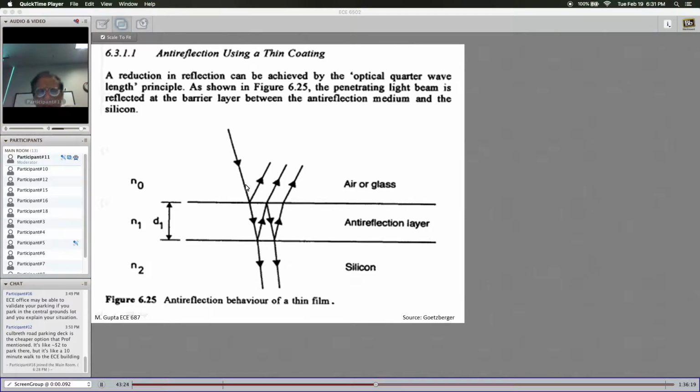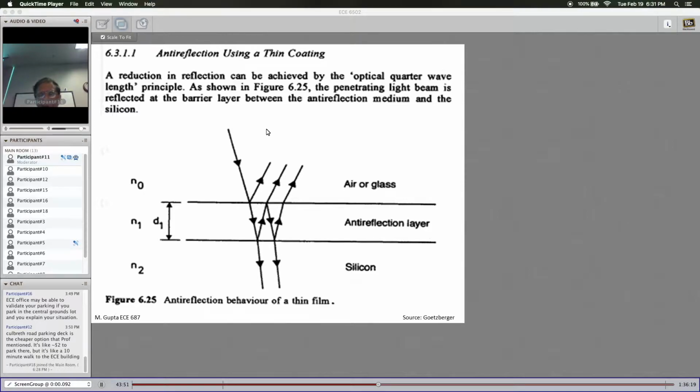The film is transparent, so light will go through it, but then when it hits the silicon and anti-reflection layer interface, there will be some reflection. When it comes back, some will be reflected, some will be transmitted, and you will have multiple bounces, decreasing.